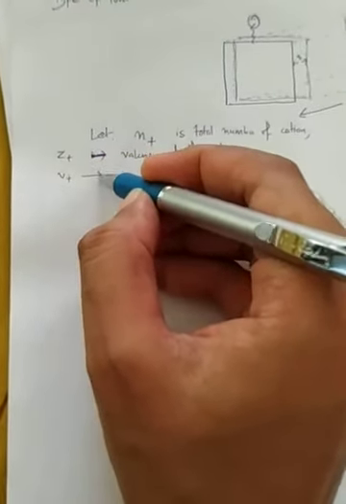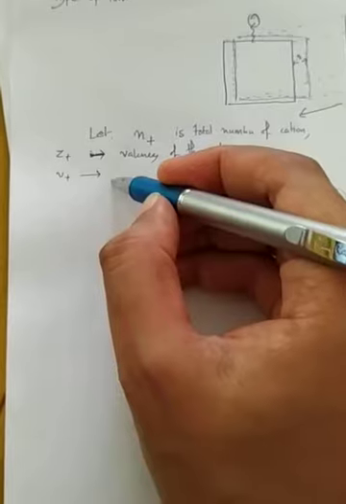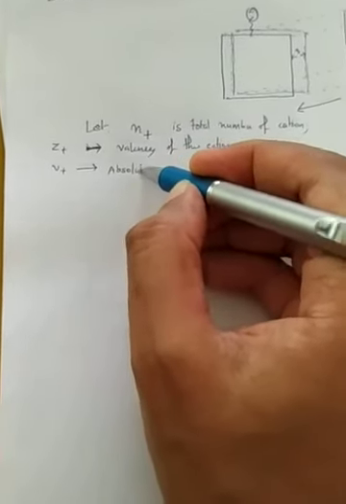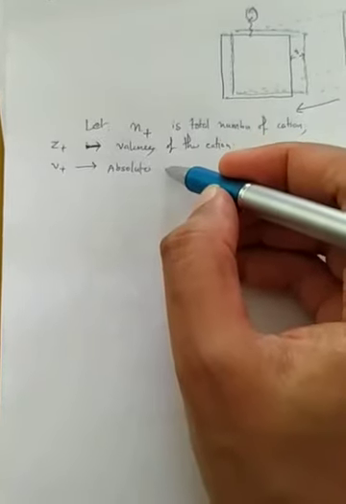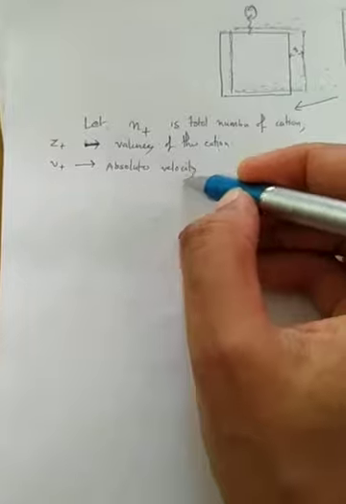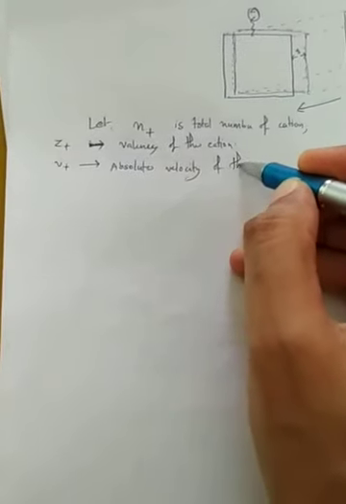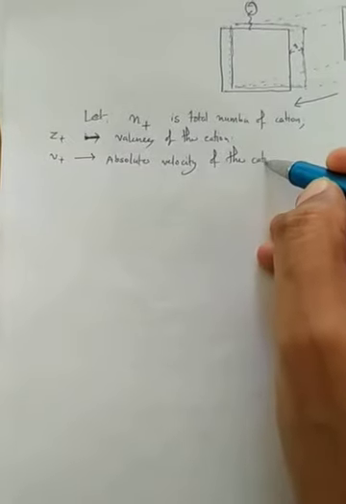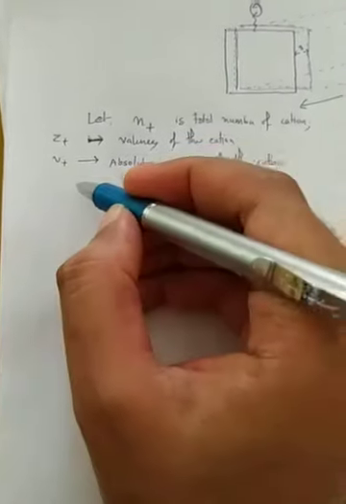V plus is the absolute velocity of the cation.